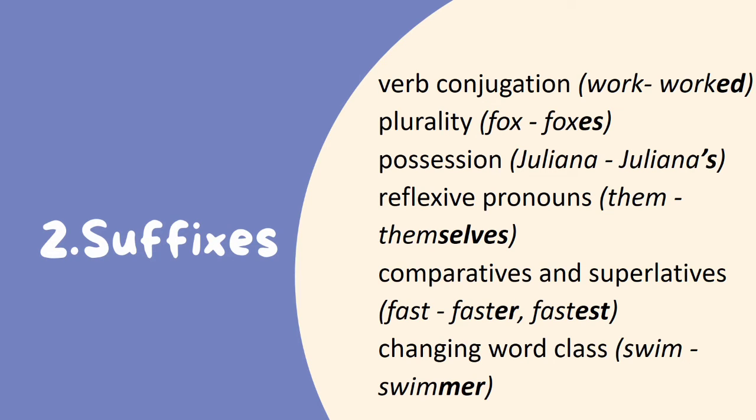Plurality, for example, fox, foxes. Possession, like Juliana, Juliana's. Reflexive pronouns like them, themselves. Comparatives and superlatives like fast, faster, and fastest. And changing word class like swim to swimmer.